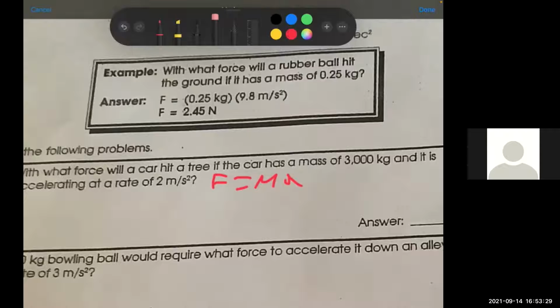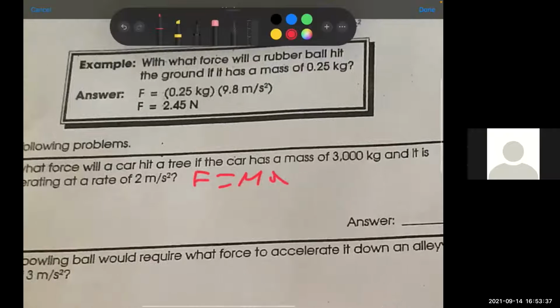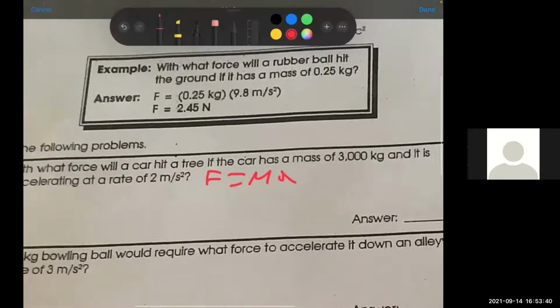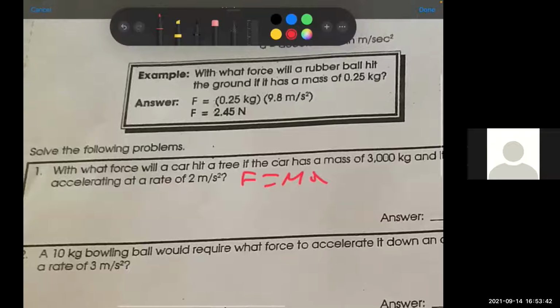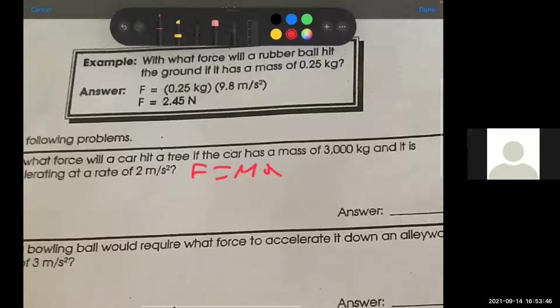Okay, so we need to try to find the force.